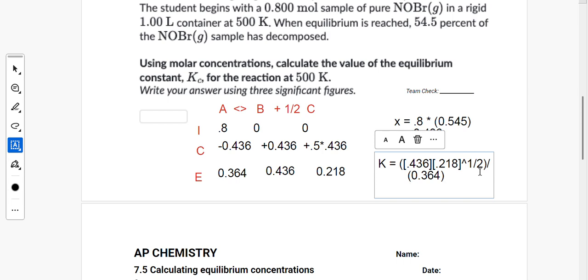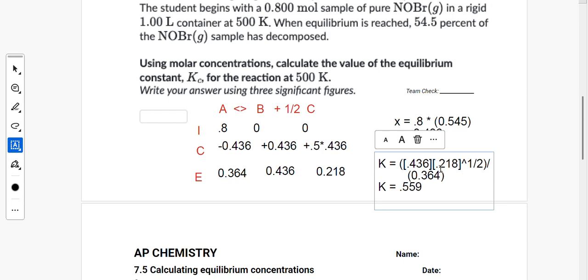And if you type all of that into a calculator, and I did this earlier, I'll do it again: 0.436 times the square root of 0.218, divided by 0.364, my total comes out to K is equal to 0.559.